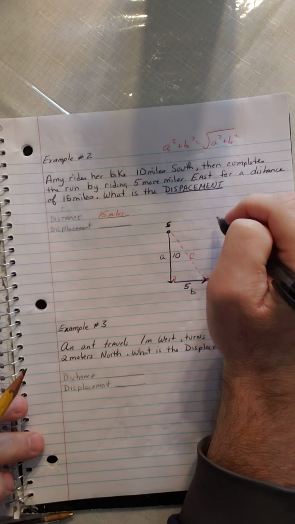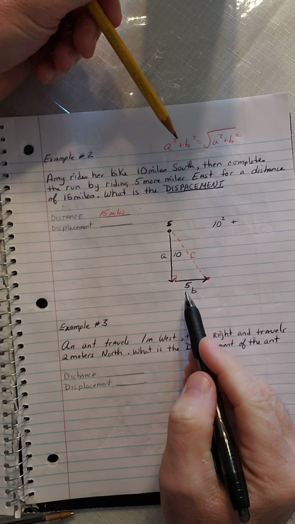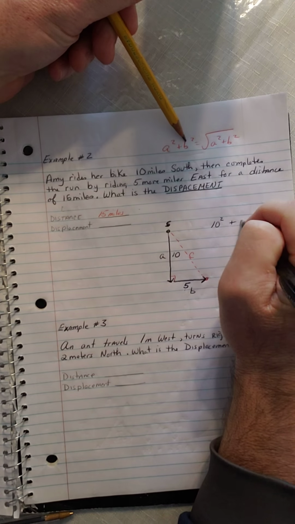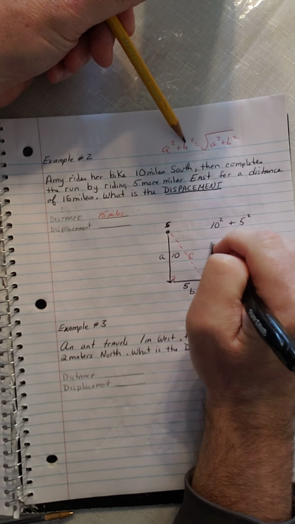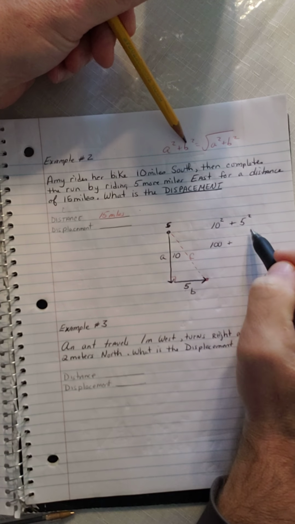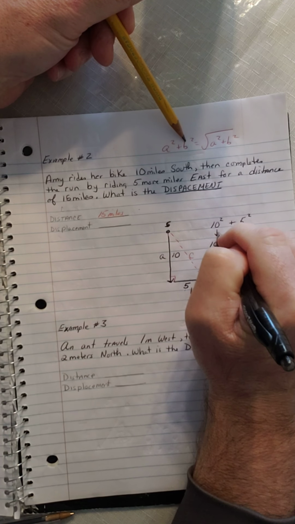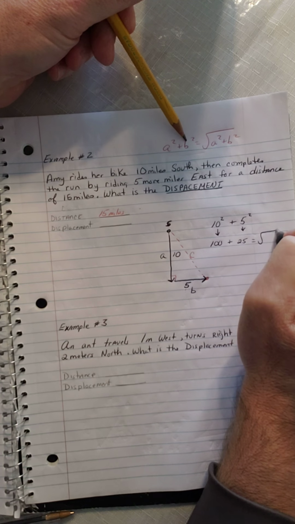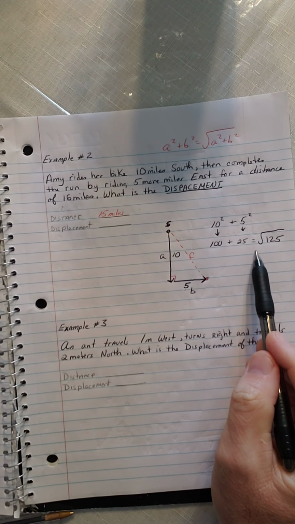A is 10 squared plus B squared, so plus 5 squared. 10 squared is 100. 5 squared is 25. For a total of 125.